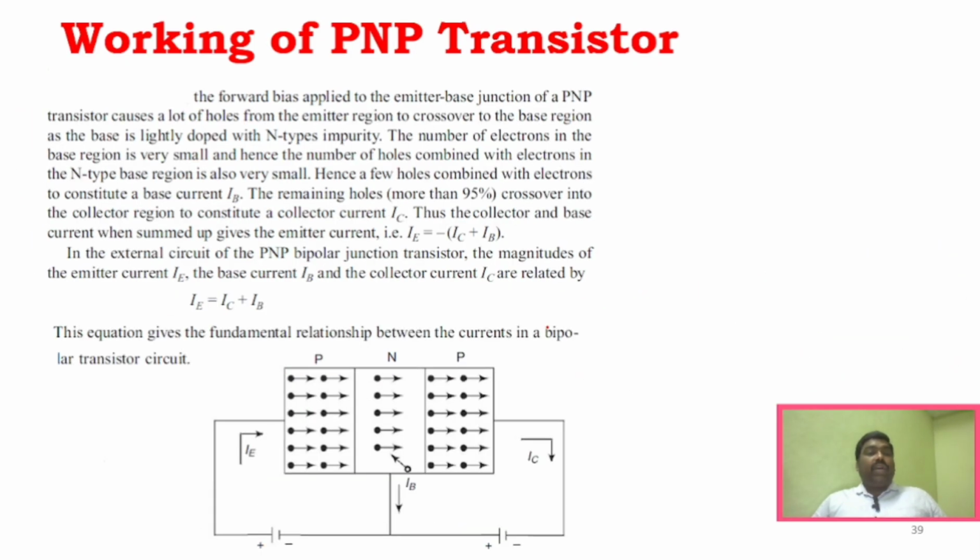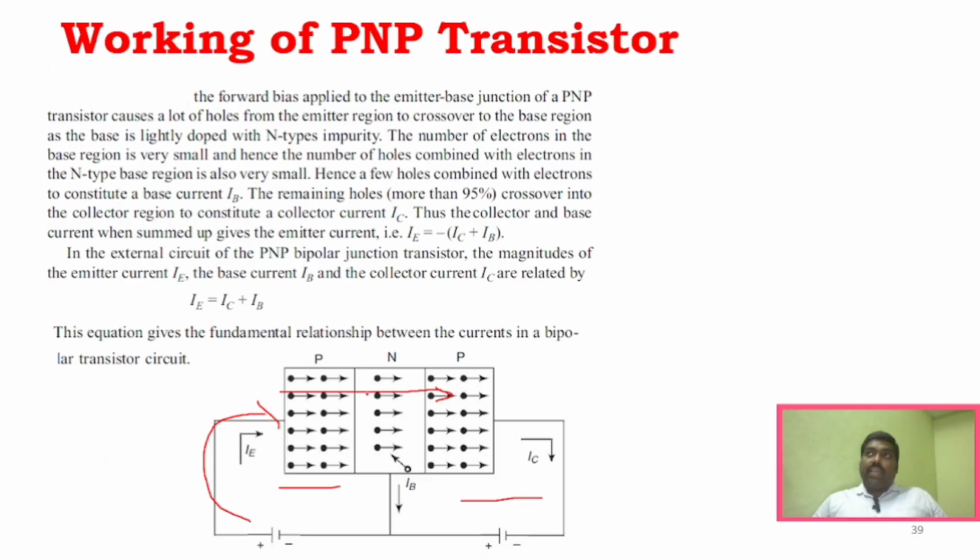If you take the working of a PNP transistor, we are going to do the same thing. We give forward bias to one junction and reverse bias to the other junction, and because of the positive terminal, the holes present in the emitter will be repelled towards the collector.